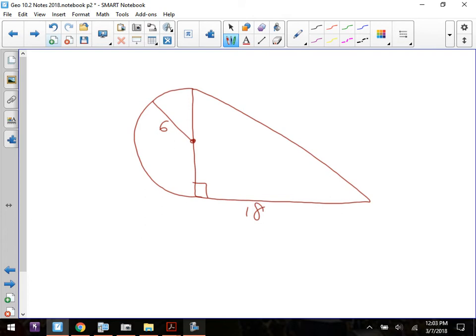Now, a semicircle is technically a sector. Have you ever heard the term sector? Have you ever seen pizza cut in pie shape? Each piece of pizza that's cut in pie shape is a sector. Let me show you real quick.